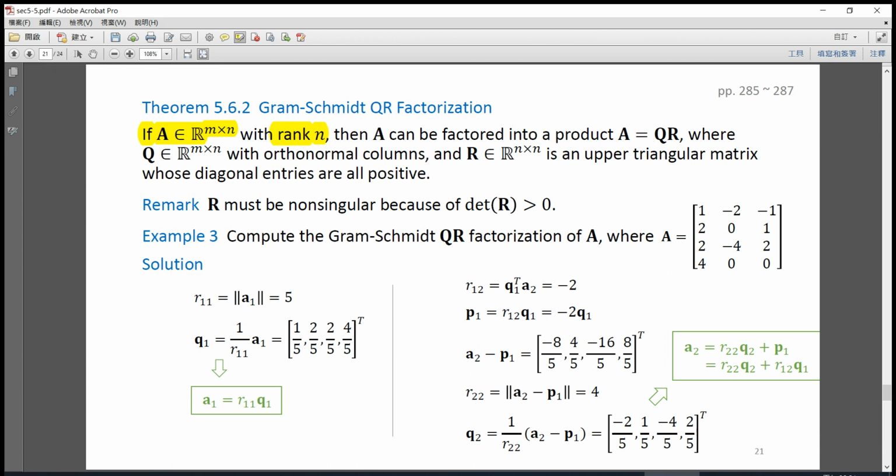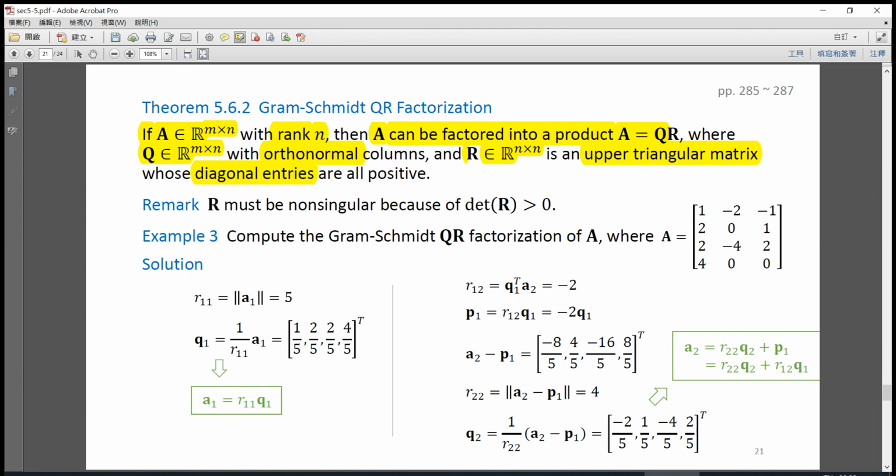Then A can be factored into a product A equals QR, where Q is a matrix of dimension m times n, and the column vectors of Q form an orthonormal set. And matrix R is a square matrix of dimension n times n, which is upper triangular, and the diagonal entries of R are all positive.